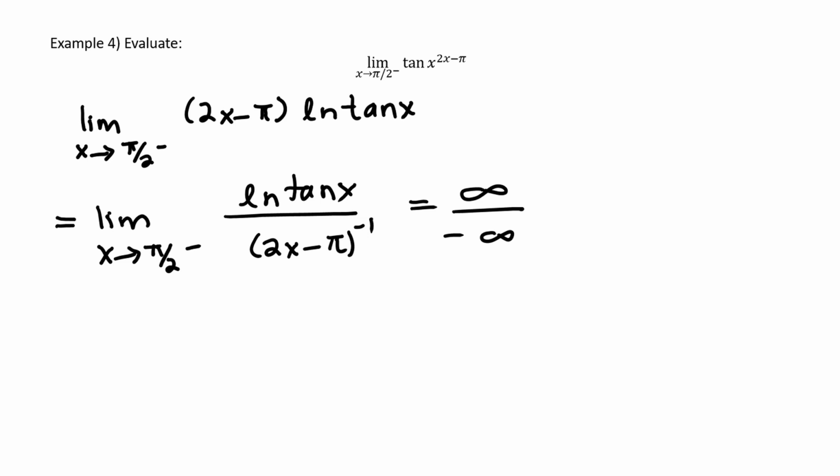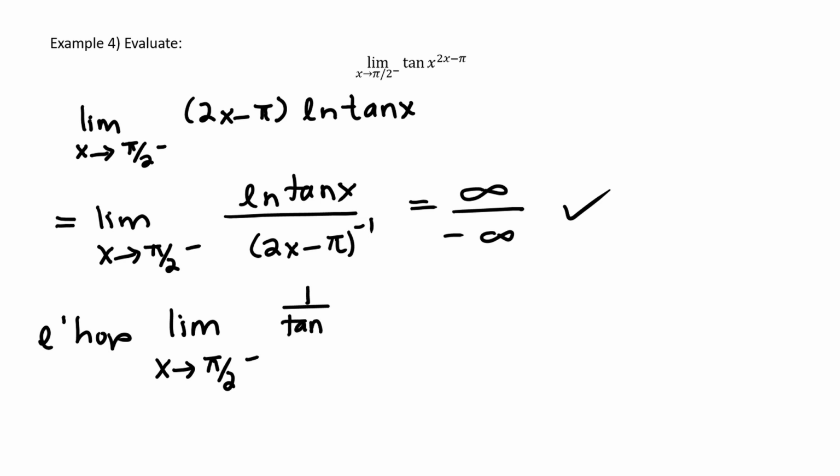So let's do that. We're going to apply L'Hopital's, because we got the form we needed. And we will have the limit as x approaches pi over 2 from the left, taking the derivative of the natural log of the tangent x, which would be 1 over tangent x, times the derivative of tangent x, which is secant squared x.